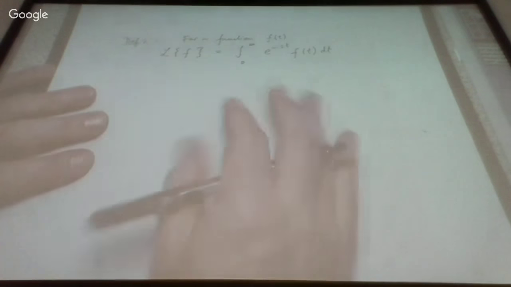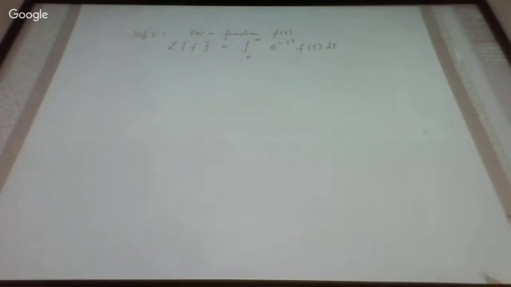Well, one question which arises is, this is an infinite integral. So when you're integrating across an infinite range, you have to think about, does the integral converge or not?